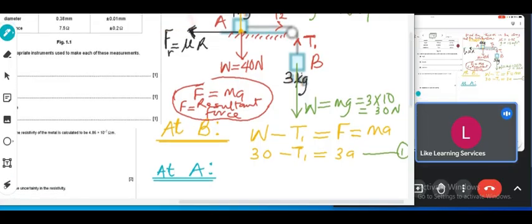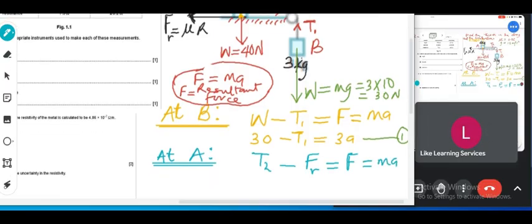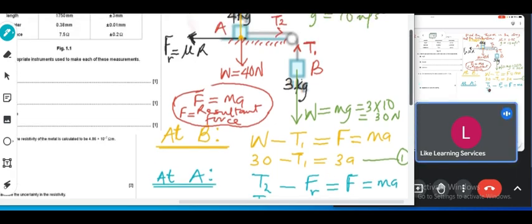So at A, T2 minus frictional force will give us the resultant force, which is MA, right? Let's substitute values: T2 minus frictional force.